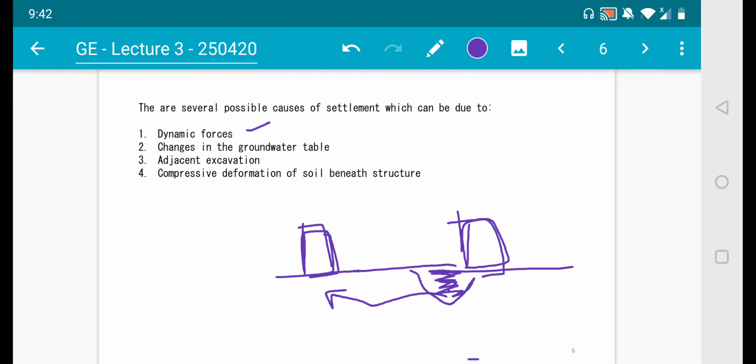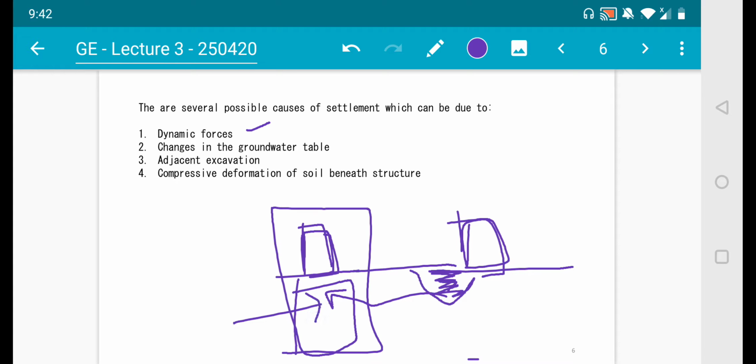So this could be a cause of settlement. And lastly is compressive deformation of soil beneath the structure. With this type of cause, you're likely to have failed soil underneath the structure, which in the end compresses the whole thing into a deformed shape. I highlight only 4 possible causes of settlement, but there are a lot.